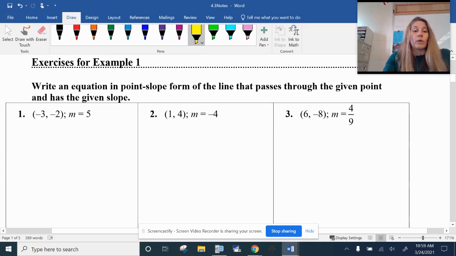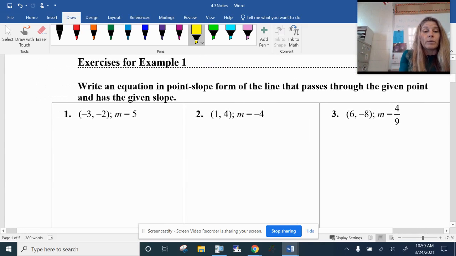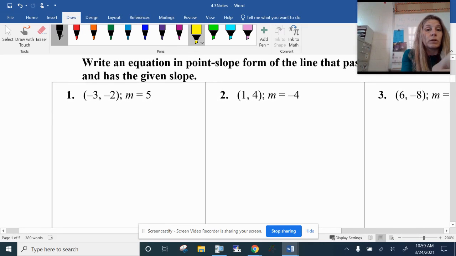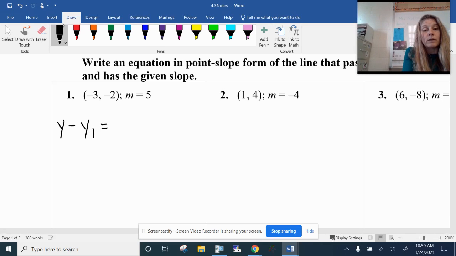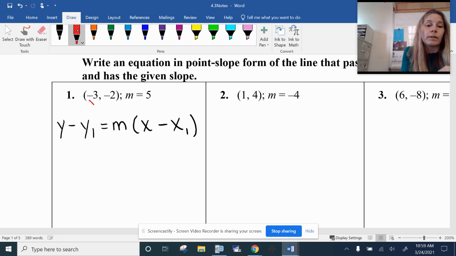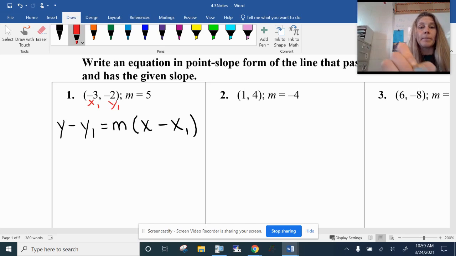So let's do a couple examples. The first thing that I'm going to do is write out my point-slope form, which is y minus y1 equals m times x minus x1. Now, looking at the information that's provided to me, I know that this point is x1 and y1, and of course my slope is the m.